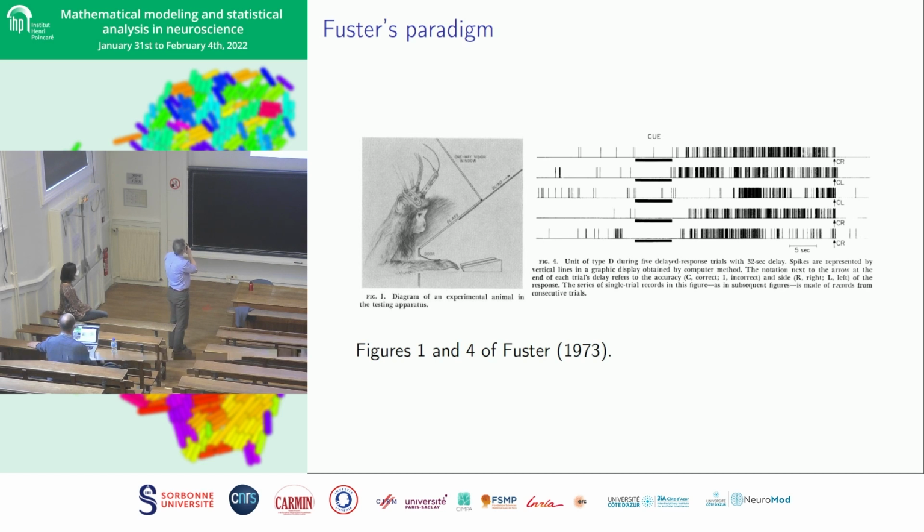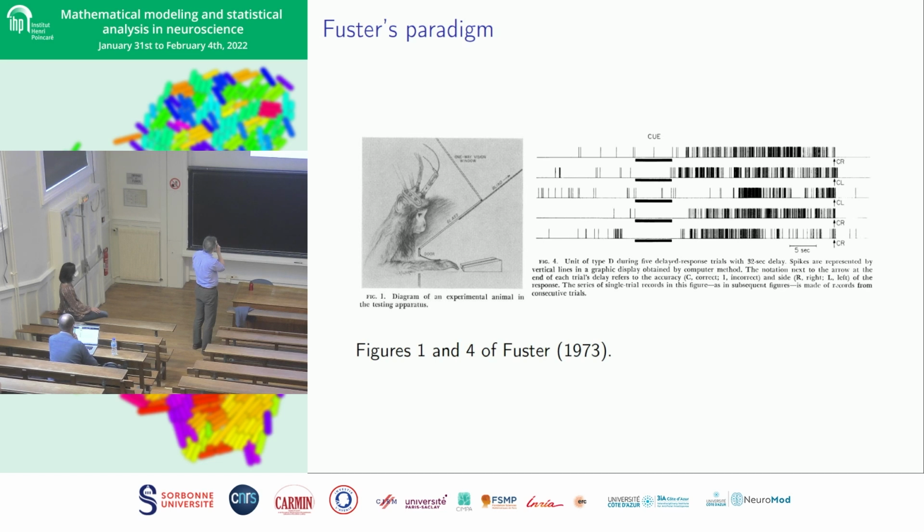And after conditioning the monkey, Förster started to record from the prefrontal cortex, and the ticks that you see here are spikes from a given neuron. Okay, these are several trials, and you see that the neuron that is recorded right now, that's the same neuron for 5 successive trials, is weakly active spontaneously.